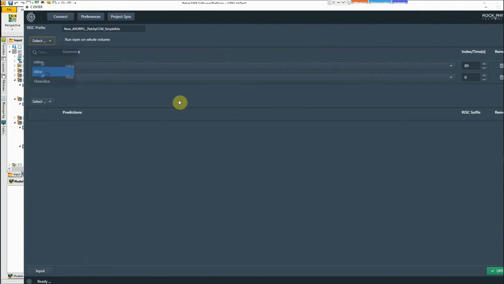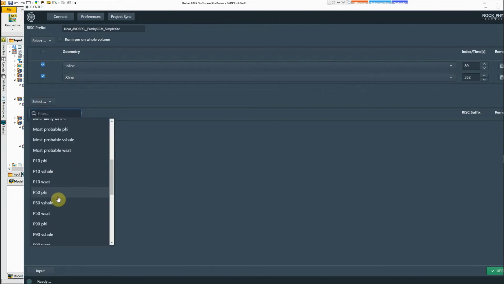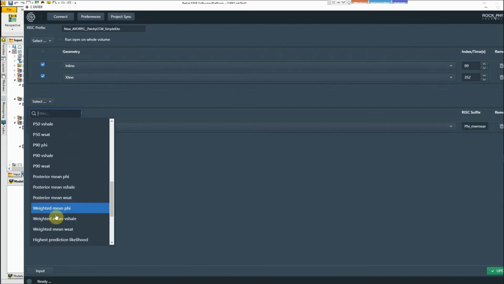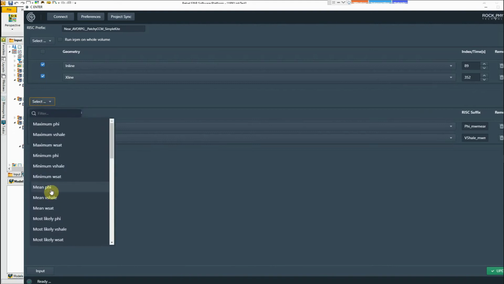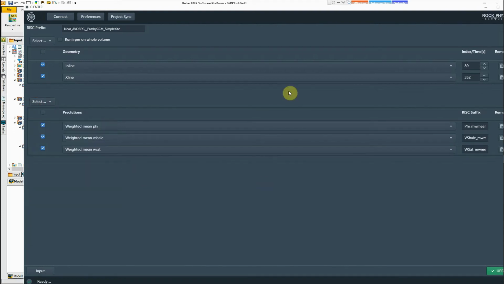So I select the cross line 352, and then I want to calculate. So before we're looking at the most likely, let's do the weighted mean porosity, weighted mean volume fraction of shale, and weighted mean saturation.